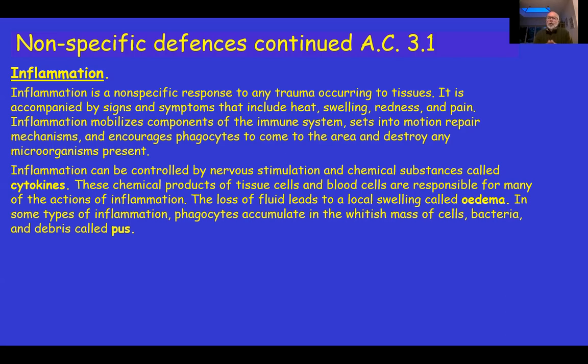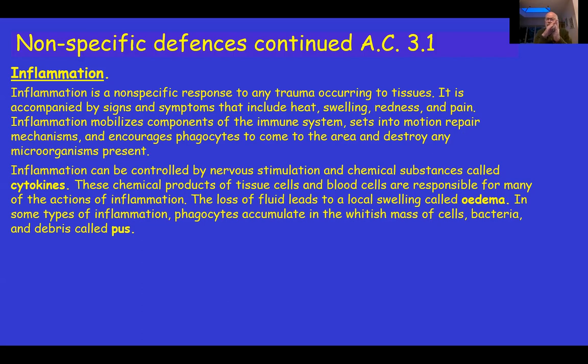Well, actually, they want that because it encourages phagocytes to come to the area and destroy any microorganisms that might have entered, particularly if you have a very complex break that you may well see as a health care professional or someone abroad, where the bones actually come out. It did happen to me with my leg. The actual tibia did come out through my skin as it splintered. But then the body retracts it slightly before I could get in.